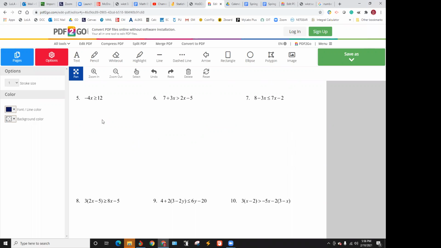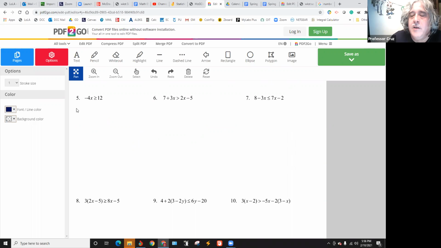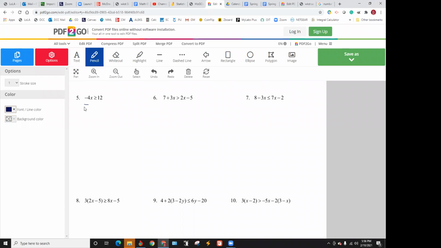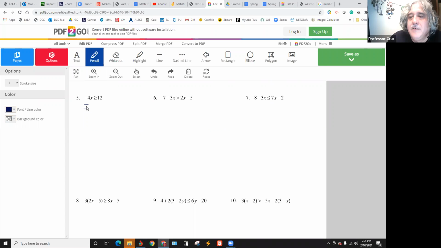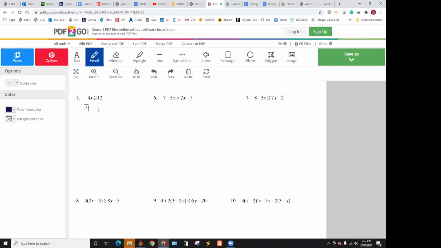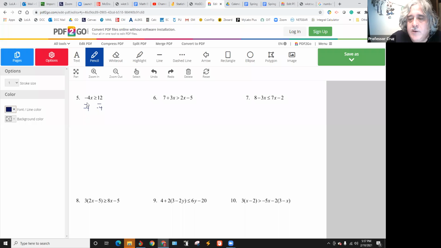I got -3. All right, -3 what? -3x is greater than, but what's the solution? x, -3 with the infinity. Okay, so once we introduce that multiplier of -4, this turns around in this direction. So we've got x is less than or equal to -3. Once we introduce a multiplier or a divisor, it's the same thing.